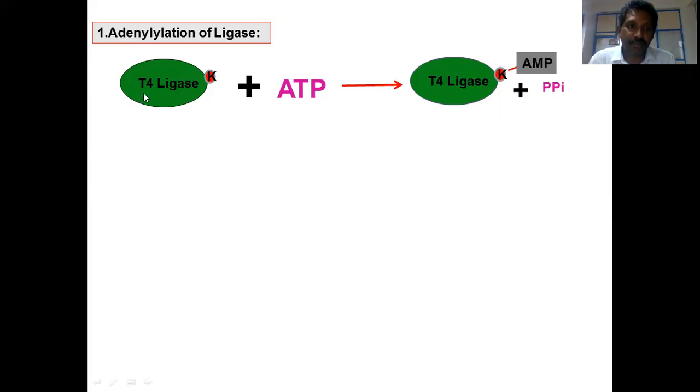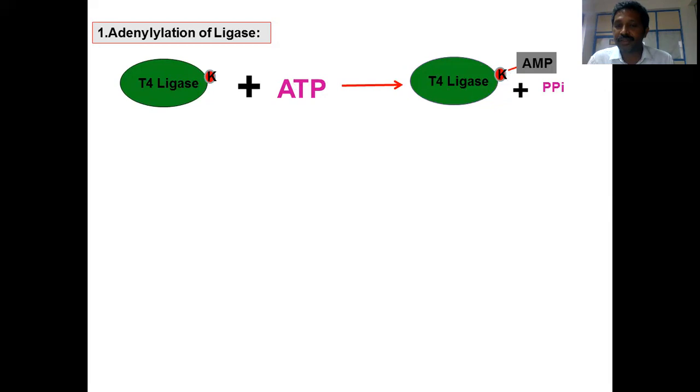You see, T4 ligase has the active site where lysine is the active site amino acid present. So it attacks the alpha phosphorus of ATP. ATP has three phosphates: alpha, beta, gamma. The first phosphorus is alpha, the second one is beta, and the third one is gamma. So this ligase attacks at the alpha phosphorus and releases the pyrophosphate, and ligase is adenylated through the lysine amino acid.